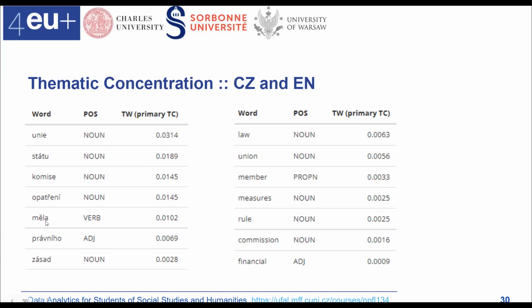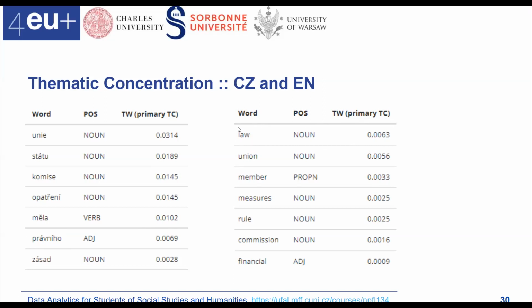Okay, but you can see there is a Czech adjective právního, legal. We can say legal, and its thematic concentration is higher than the thematic concentration of law in English. Right. Yeah, that's right.